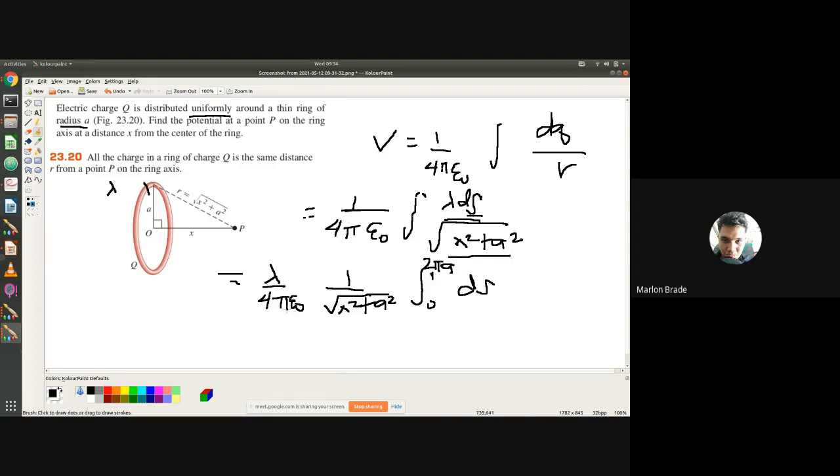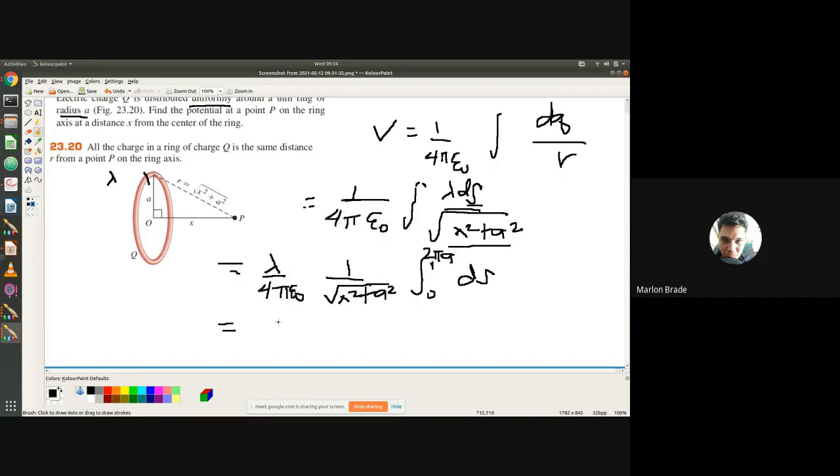So, this is just equal to lambda over 4 pi epsilon naught times 2 pi a, all over the square root of x squared plus a squared. In terms of total charge Q, remember that lambda is equal to Q over 2 pi a.